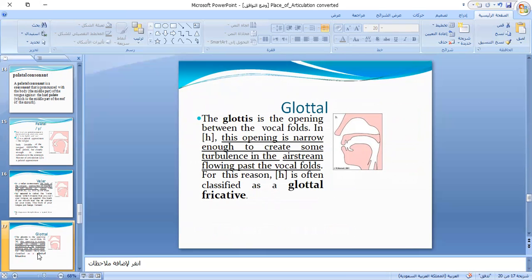In ha, this opening is narrow enough to create some turbulence in the airstream flowing past the vocal cords. For this reason, ha is often classified as a glottal fricative. Okay?